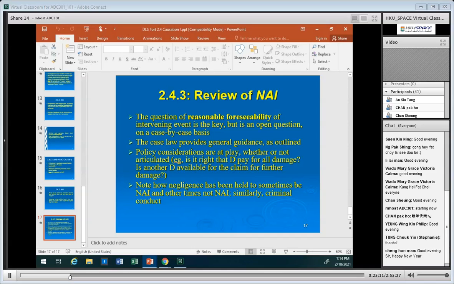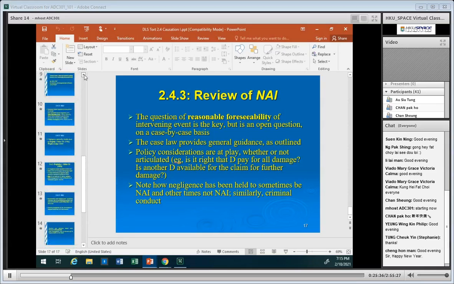Also, this is should-know, sort of academic argument, policy considerations are at play. Also, the court perhaps will look at the situation with regard to compensation. Will the plaintiff get proper compensation? Okay, all right, so that's novus actus interveniens, and that is causation.